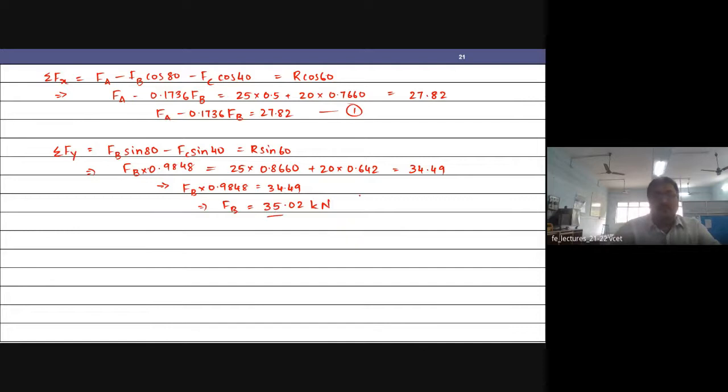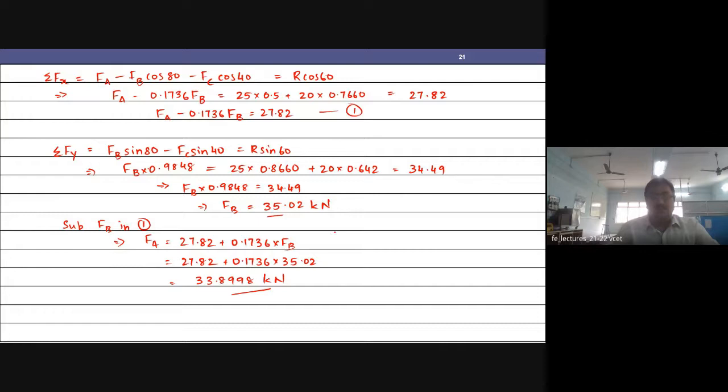Now I have found FB. Substituting FB in equation number 1, I have FA equal to 27.82 plus 0.1736 into FB, which is 33.8998 kilonewton.